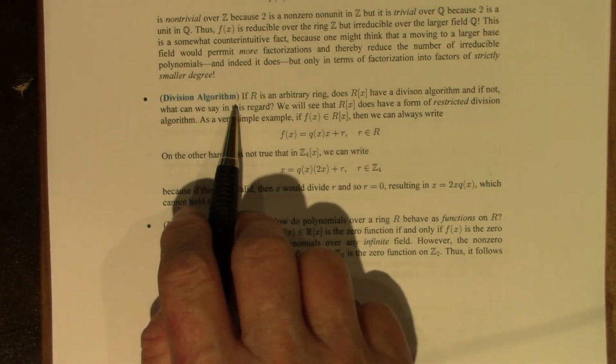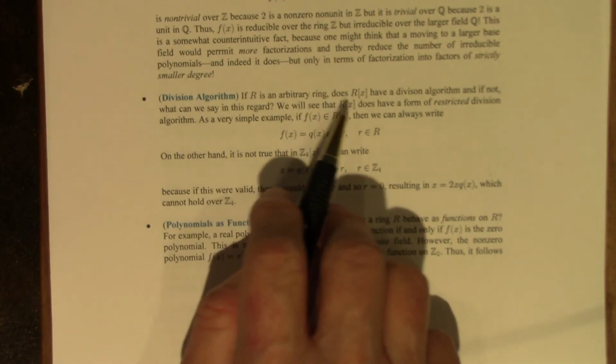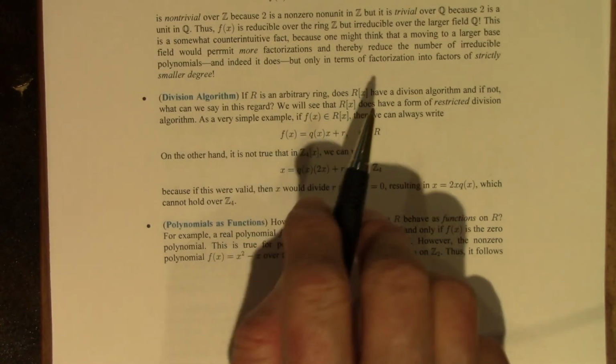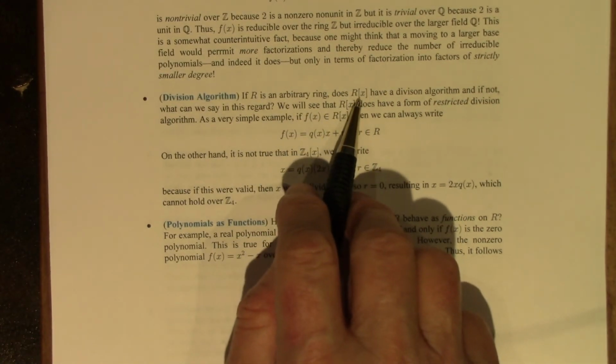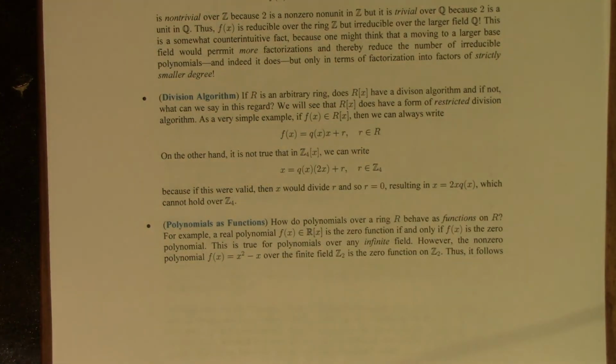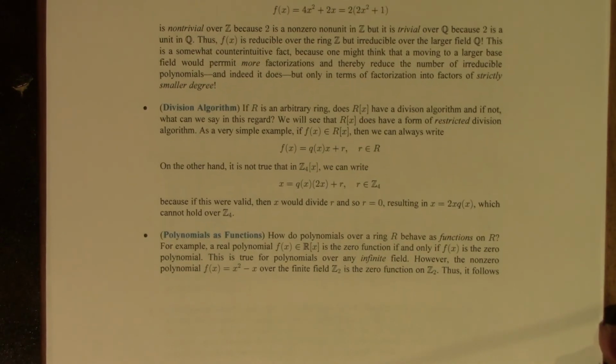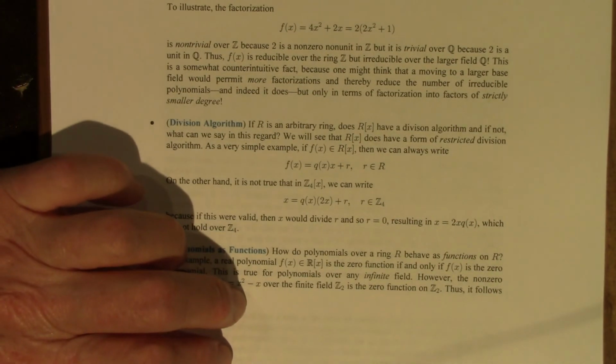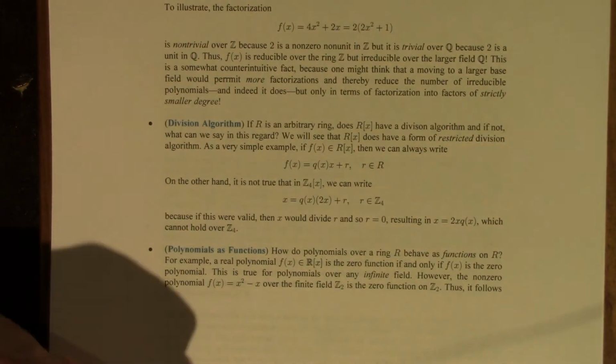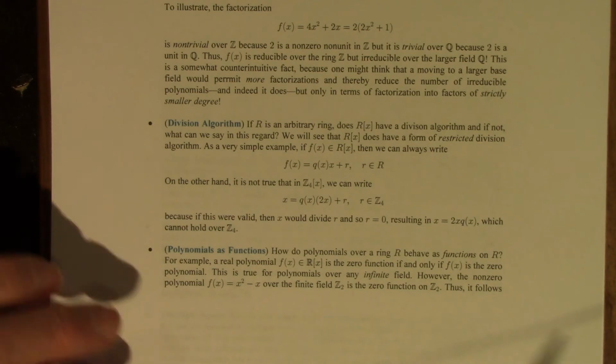Division algorithm. If R is an arbitrary ring, does the polynomial ring R[x] have a division algorithm? And if not, is there anything we can say? Well, it turns out that there is a restricted division algorithm.